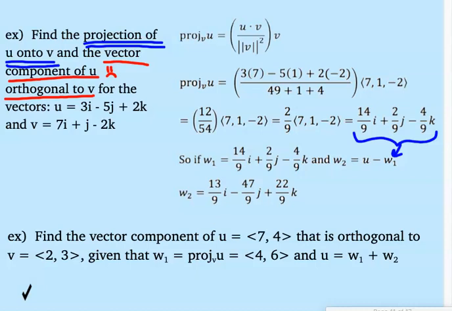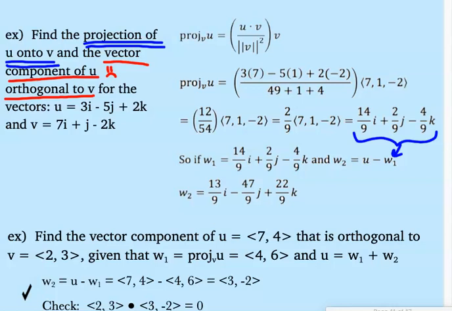So if you're finding W sub 2, you just take u minus W sub 1, and there you go. And that's just me showing you, if you do W1 dot W2, you should get 0. Even if you don't understand what it is, can you find the projection by following the formula mathematically? Good.